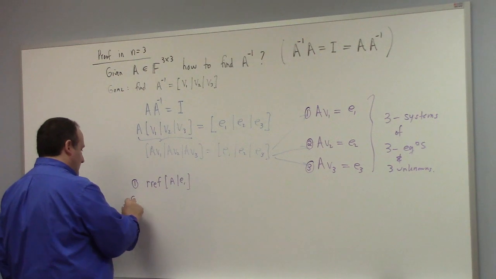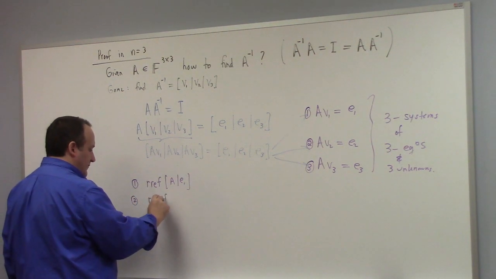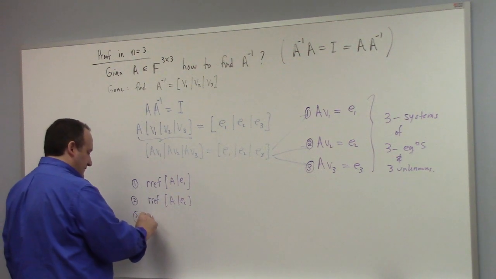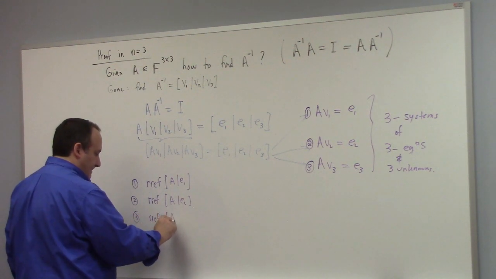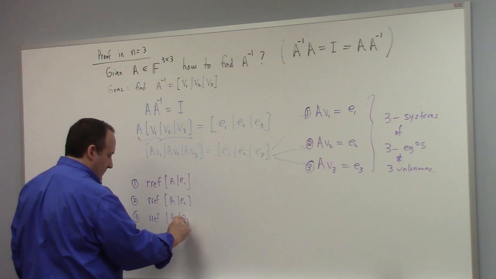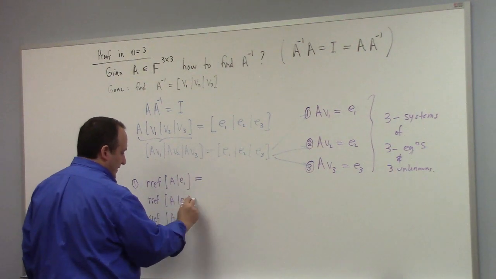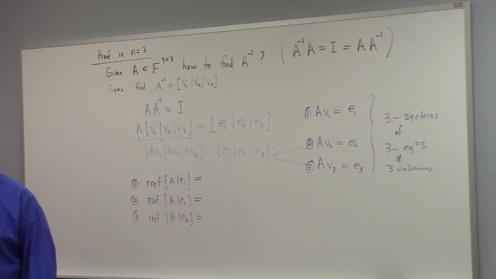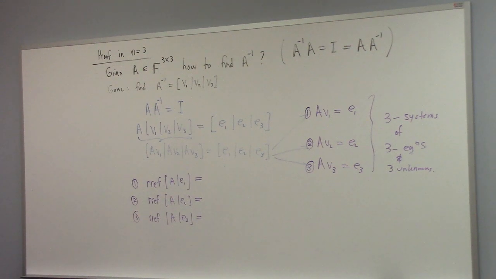For 2 and 3, we want to find the solutions similarly. But in every one of these cases, they all share exactly the same coefficient matrix, so the same series of elementary row operations will bring it to the reduced row echelon form.